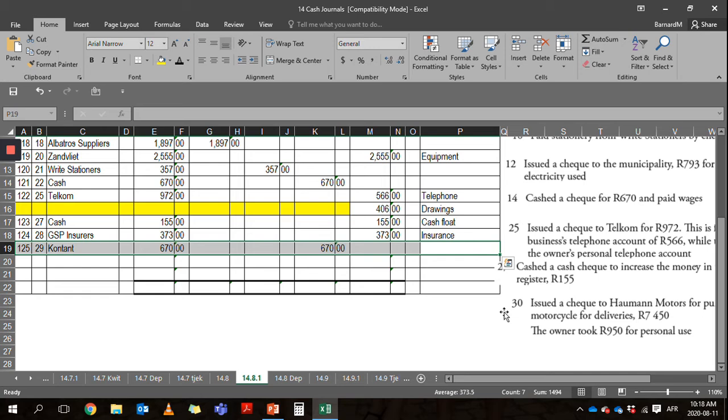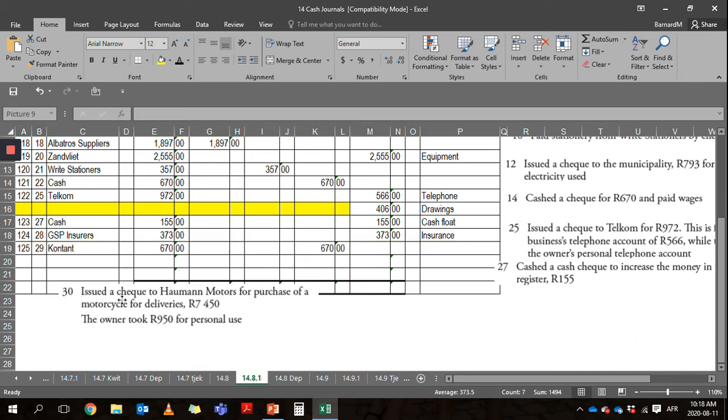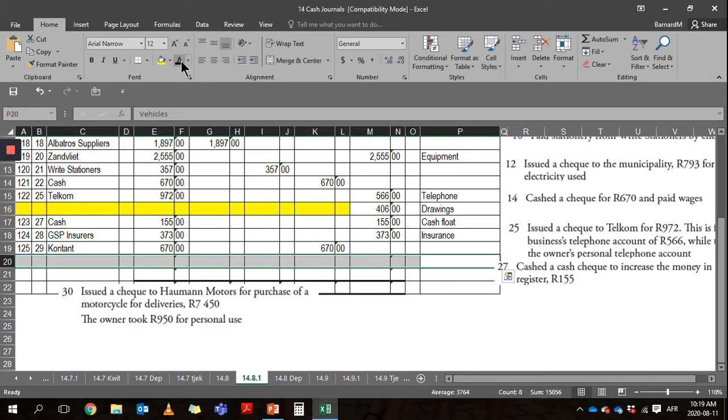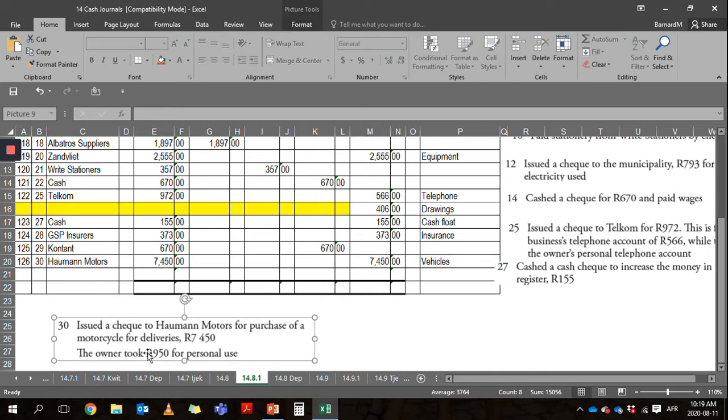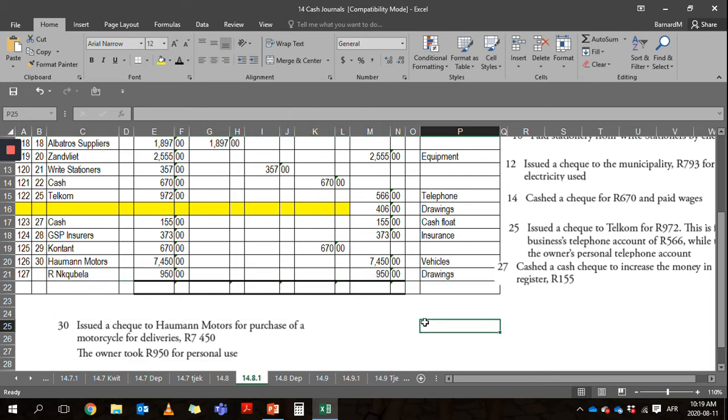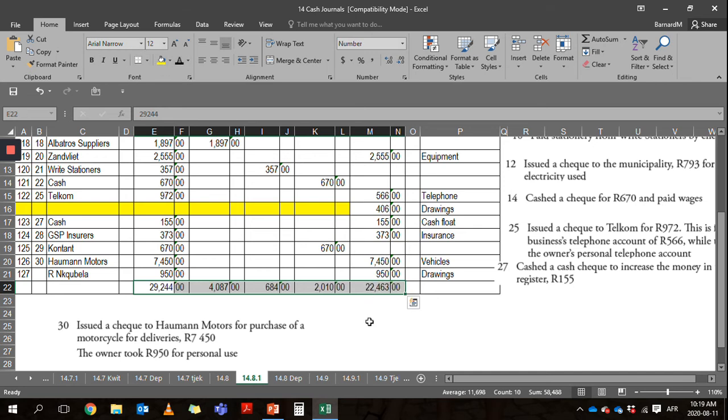And then we have the 30th, where they say issued a check for the purchase of motorcycle deliveries. Plus a next sentence for a next check. So that one is on its own. And then the owner took 950 for himself. So that is a new transaction for drawings. And then you add up this CPJ, and that is the totals you get there.